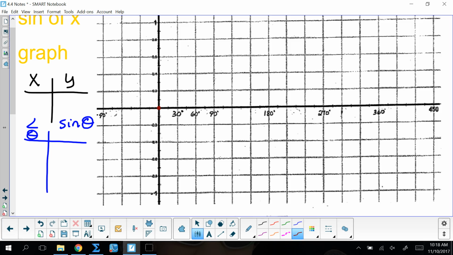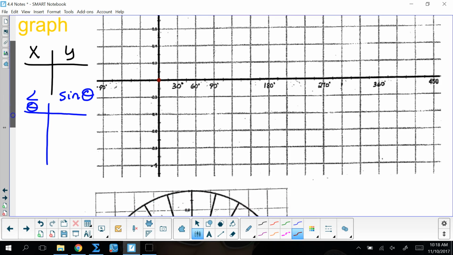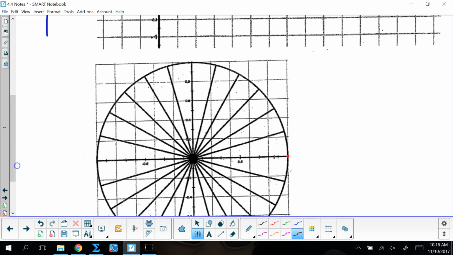Now I go to something like, which one do you want to go? Looks like our graph is in 30-degree increments, right? So you want to go out to 30 degrees?